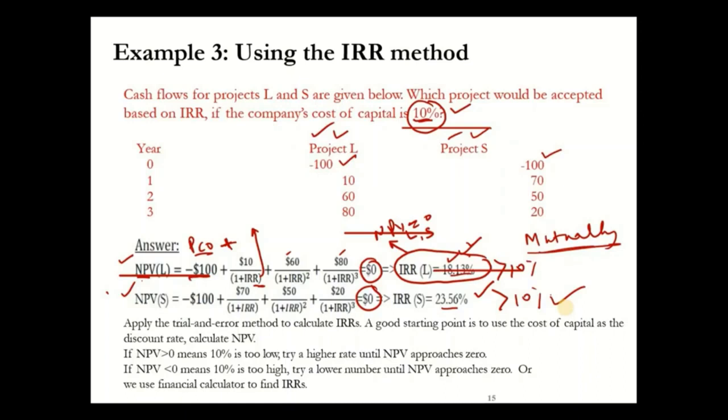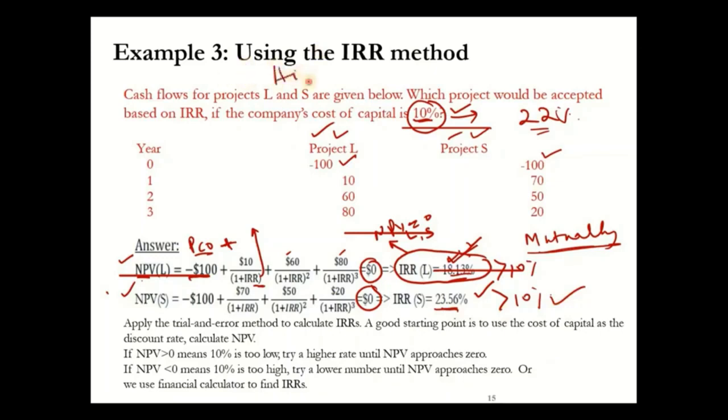Even if the cost of capital is 10%, let's say the cost of capital is 22%, can you choose this project? No, you cannot, you will make a loss, but still you can use project S. That's why a higher IRR gives you flexibility for financing.